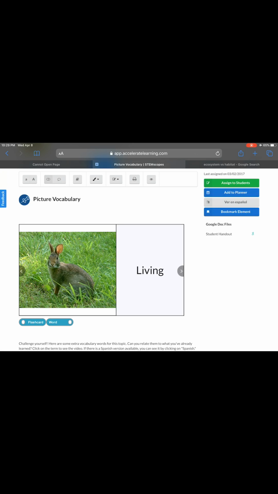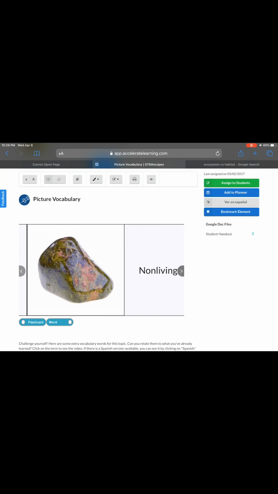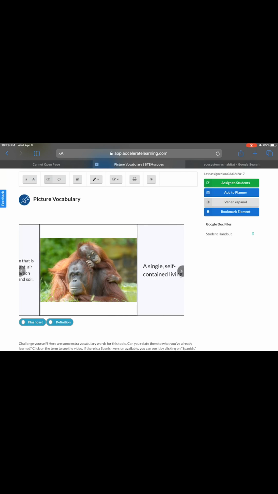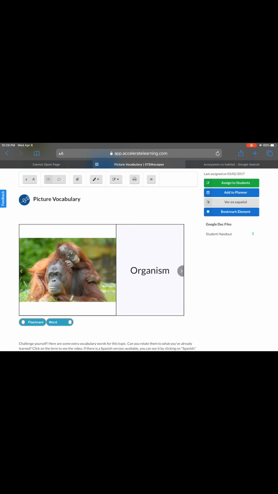Pretty complicated definition for living, right? Non-living. A part of the ecosystem that is not living, such as sunlight, air, which includes oxygen and carbon dioxide, water, rocks, and soil. Organism. A single self-contained living thing.